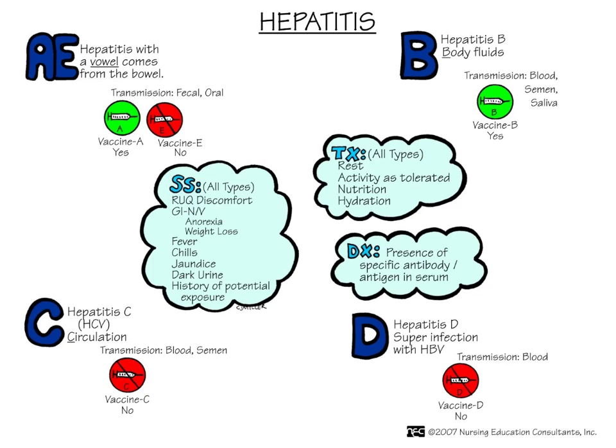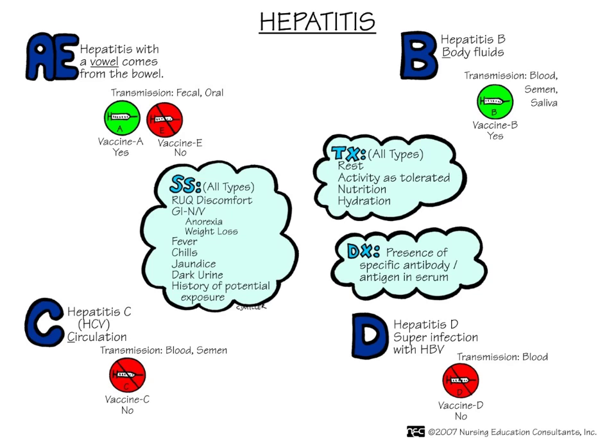Now if we look at the signs and symptoms, treatment, and diagnosis, all of those are very similar, especially the signs and symptoms and treatment, because we're just dealing with inflammation of the liver. Now, it could be from different types or strains of hepatitis, but the signs and symptoms are the same. Same with treatment.